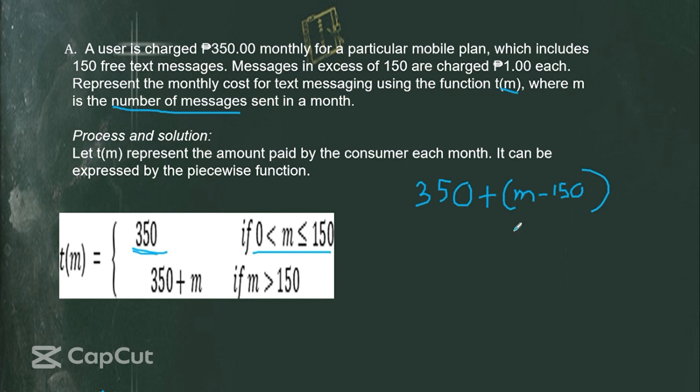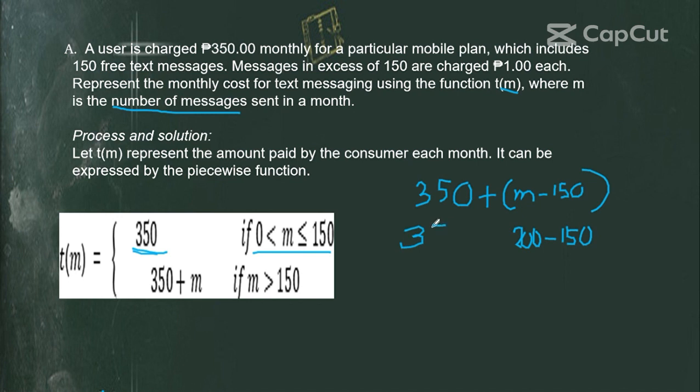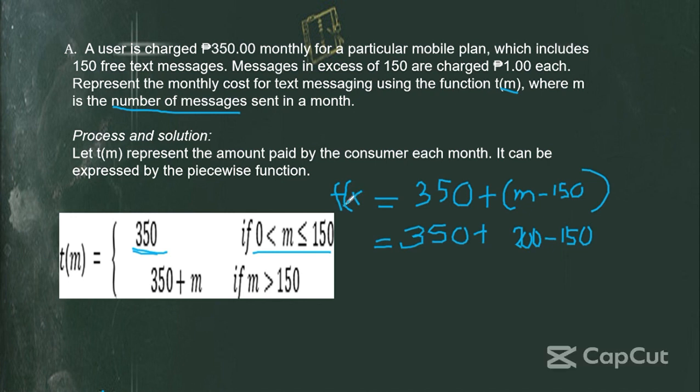So for example, 200, minus 150. Then copy the first formula. I mean, make sure to have the value equal to f of x. Sorry, because I used the mouse.